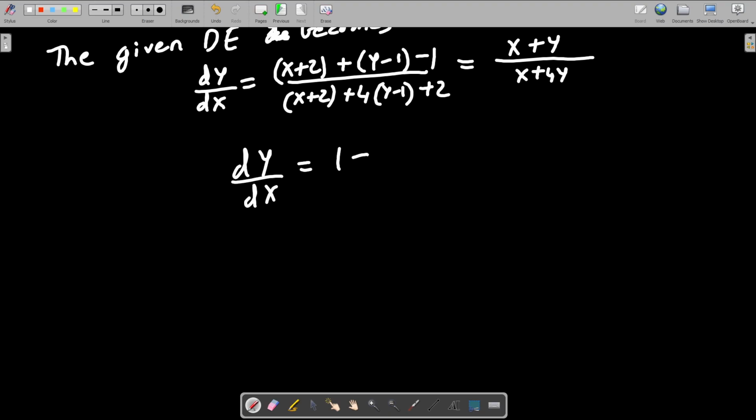I'll divide by this thing, so this is y by capital X and this is 1, 4 times y by x.